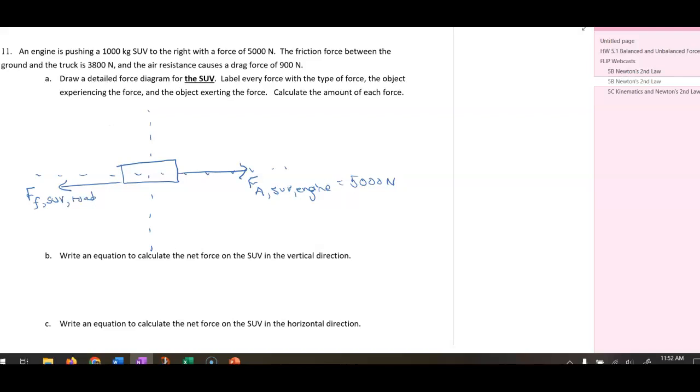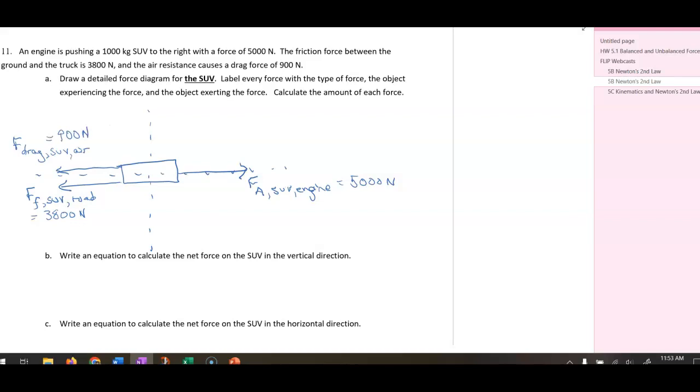They're telling us that the friction force is 3,800 newtons. There's also a drag force. Drag force is also opposing the motion, right? This is a drag force exerted on the SUV by the air that it's running into, and that's 900 newtons.